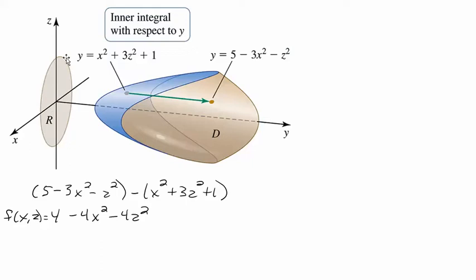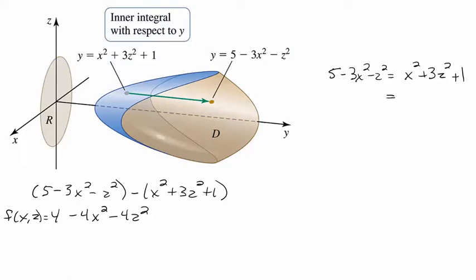So we need to figure out what our bounds are going to be over this region. This region is obtained by finding the intersection curve of these two graphs. To find that, we are going to set these equal to each other. So when is the y value of the tan curve equal to the y value of the blue curve? Let's get our variables on one side and our constants on the other.